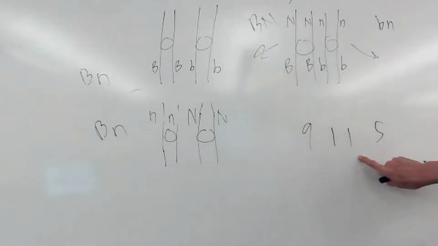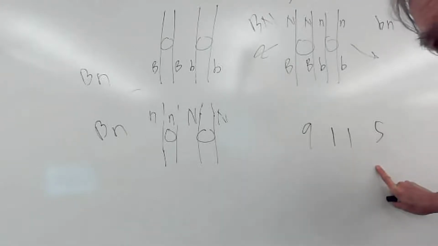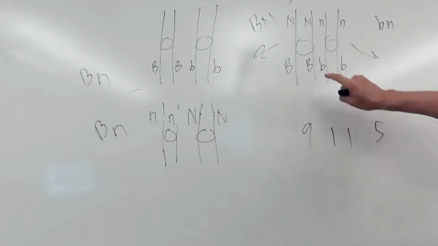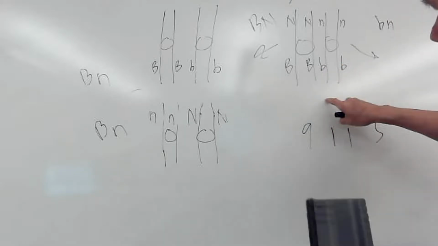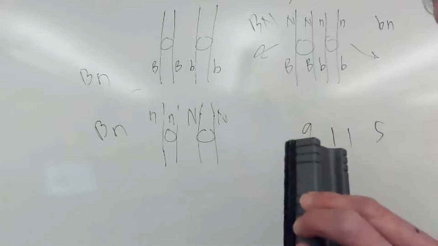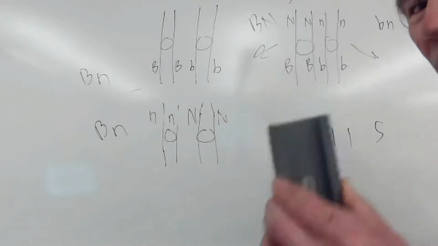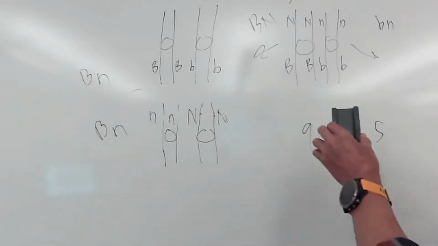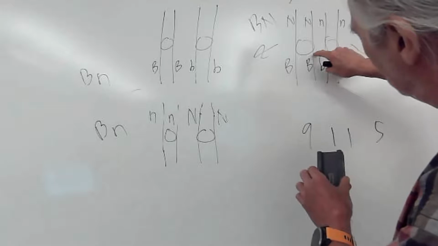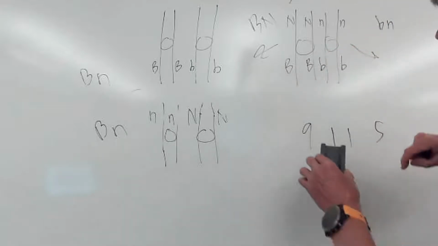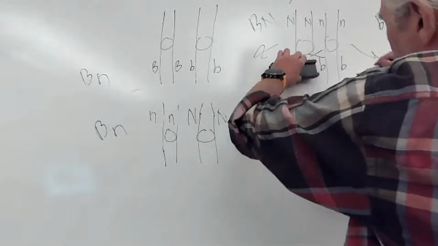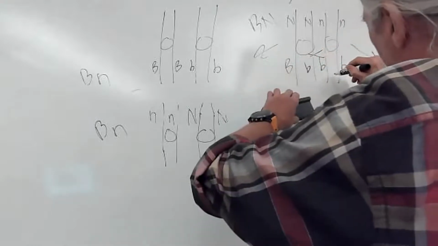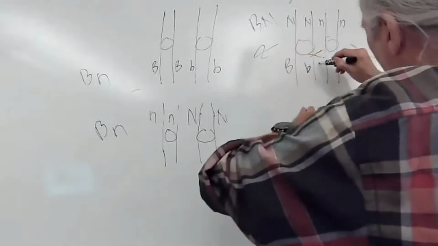But you still get four different phenotypes. You still get recombinant phenotypes, even if they're on the same chromosome. How can that be possible? Well, what makes it possible is crossing over. What if there were a crossover event between these two non-sister chromatids? Crossing over. So the small b goes over here, and the big B goes over here.